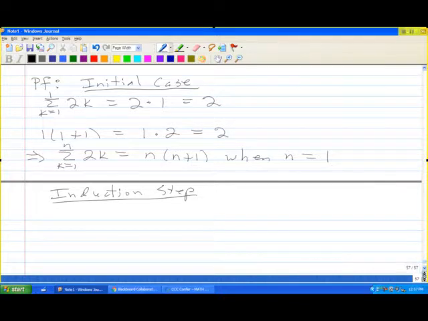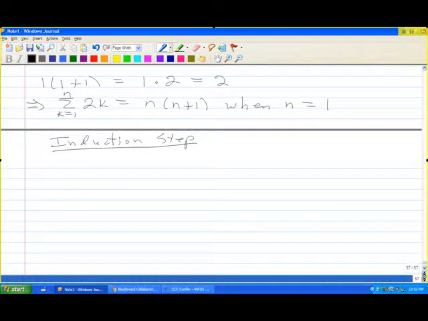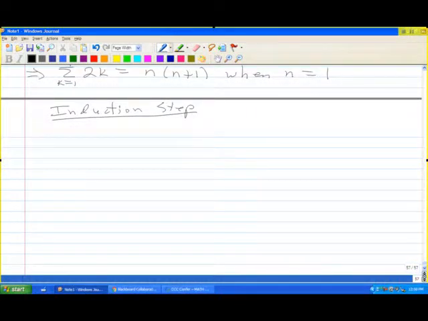And so let's assume that this formula works for the first n terms. And we want to show that if I replace n here by n plus 1, then this formula will work. So maybe I'll put in parentheses.